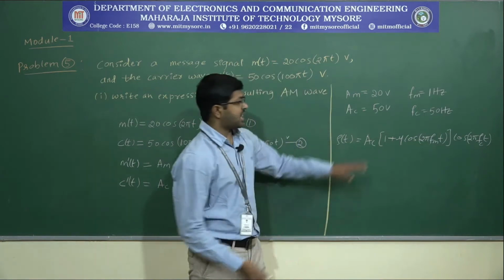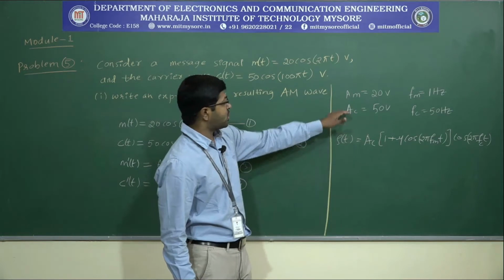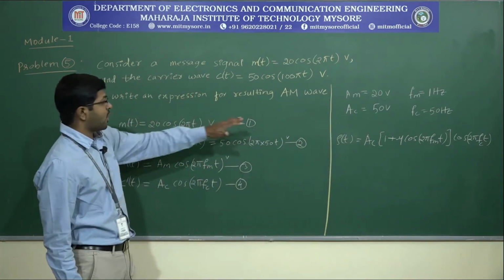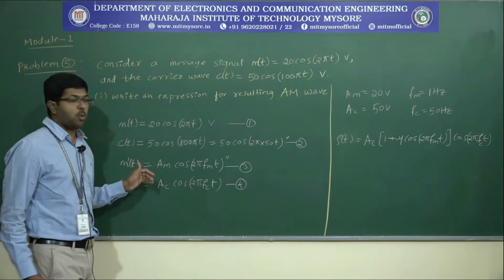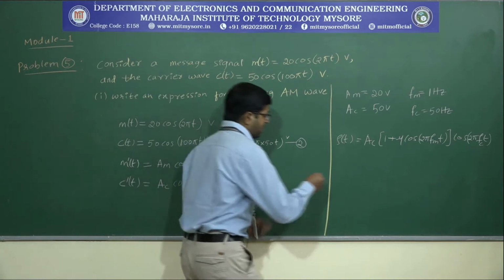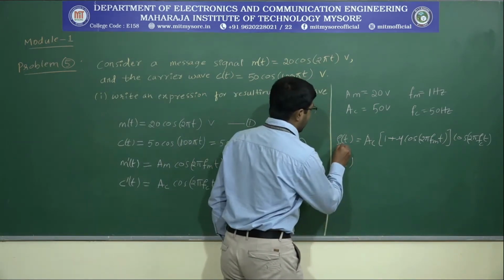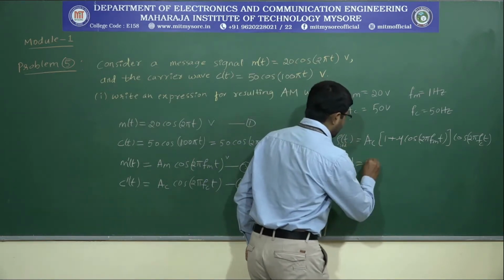This is the standard AM wave equation. Now we have to substitute the values which we have found from equations 1, 2, 3 and 4. So let me write the S of t now.